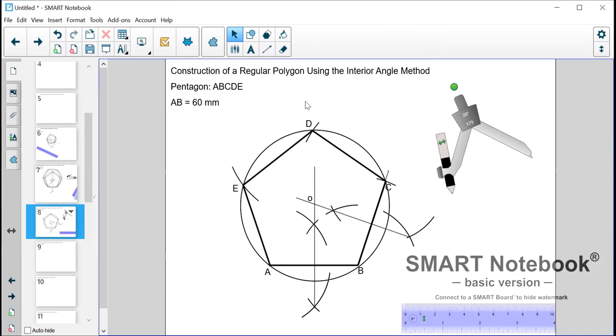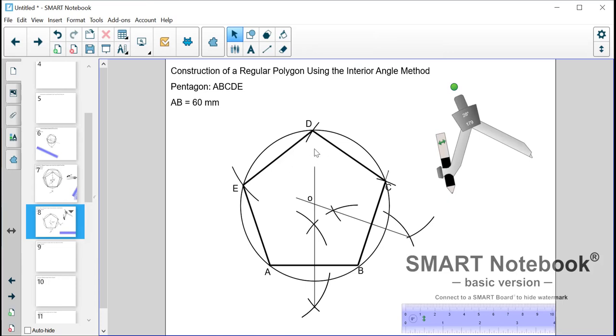If you're not careful, then you will end up with an irregular polygon, because one side will always be shorter or longer if you are not accurate. So be careful with that. Now this is a pentagon.